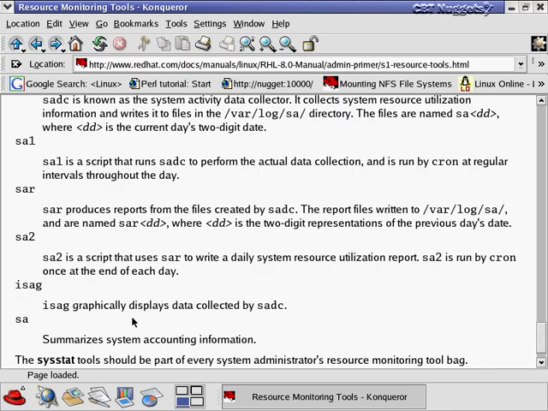So you need something to compare it to, and that's what these tools do for you, in the sense that they're gathering information constantly at regular intervals throughout the day, every day of the week. Then when you look at things, you'll be able to draw a more educated guess as to what's going on in your system. If I tell you that the load is 3.1 or something, that doesn't help you unless you know what the load has been for days and days previous.